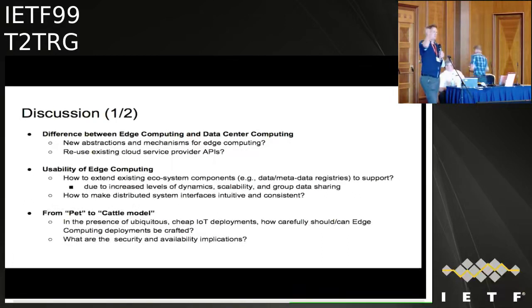Also in IoT in general, if IoT gets scaled up, we are talking about billions of nodes, and we won't be able to take care of each node individually so well. So moving from a pet to a cattle model, and assuming this would also apply to distributed computing, you could imagine that security could be an interesting challenge, right?